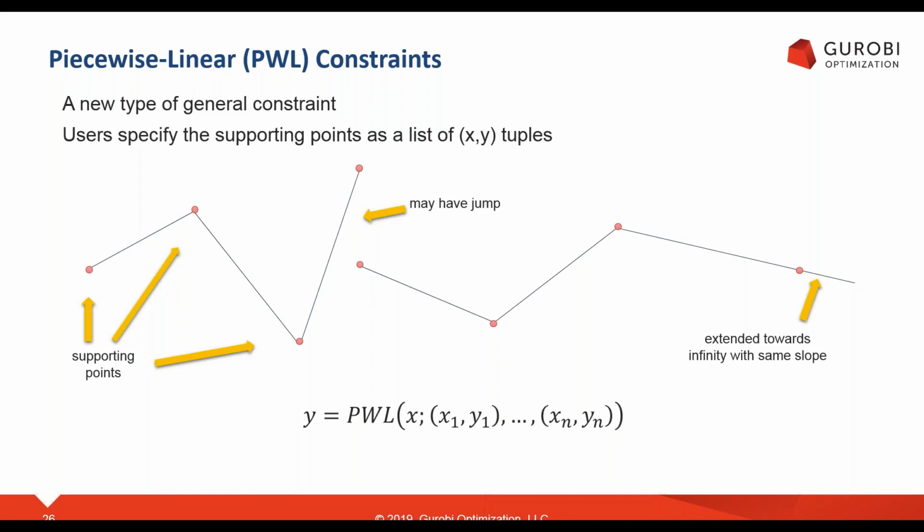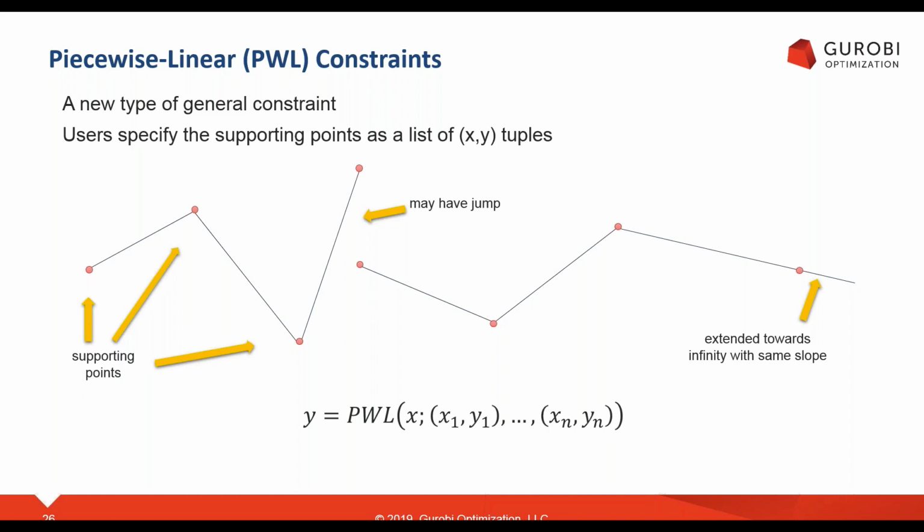So the piecewise-linear function is defined by a set of supporting points, and this is what you as a user need to provide to Gurobi, this list of x, y tuples. And then the function between each pair of supporting points is just a linear interpolation between the 2 points.